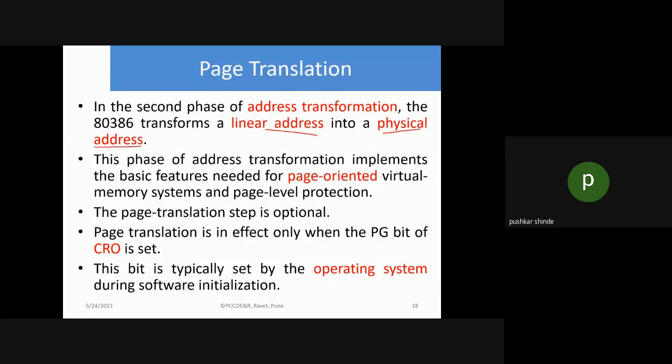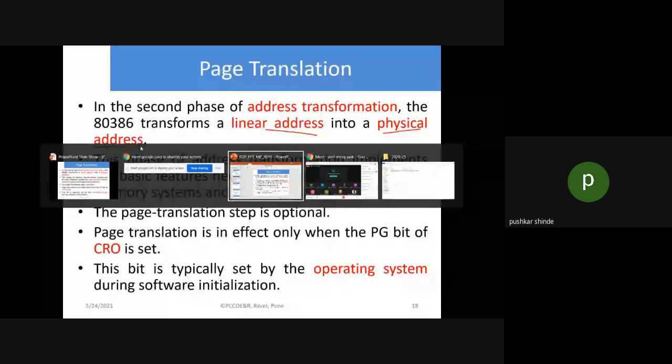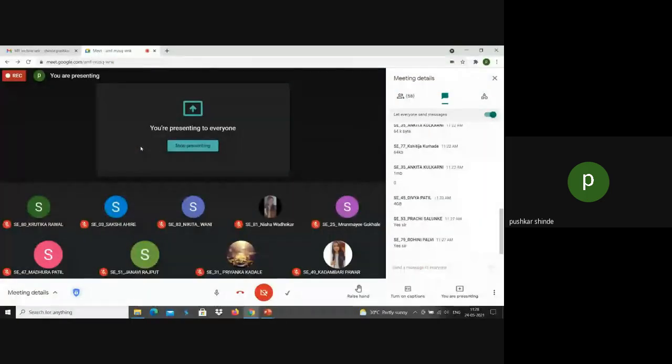When do we say that paging is enabled? How can we say that paging is enabled? From where do you get whether paging is enabled or not? Yes, PG bit is set to 1, that's correct.